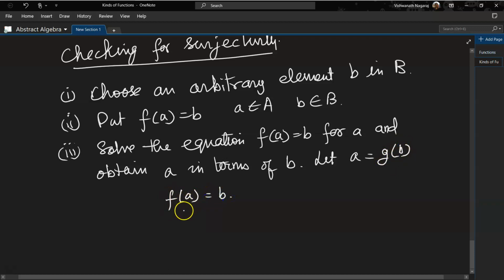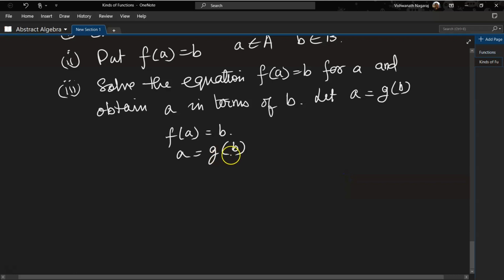Now what we have to do is somehow get it in terms of A. So A will be some function of B. So we have to get it in this form. The only thing is the function will not be f now, right? So it has to be a different function.